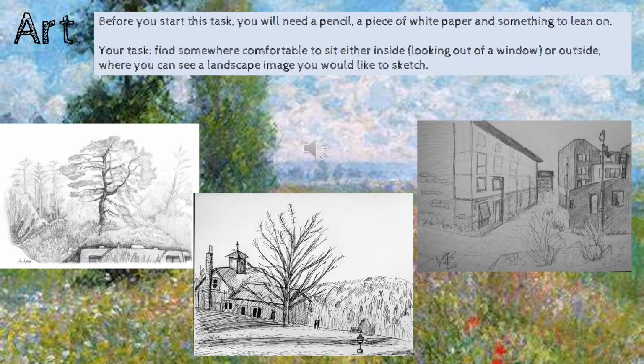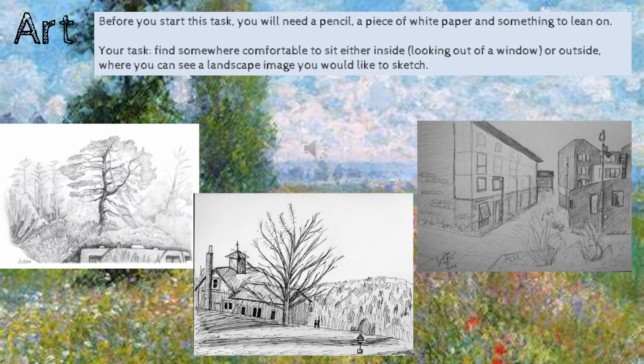When you think you're ready, find somewhere comfortable to sit, either inside, looking out of a window, or outside, where you can see a landscape image you would like to sketch. As landscape drawings should focus on nature, try to find somewhere where you can see some natural geographical features, not just buildings.